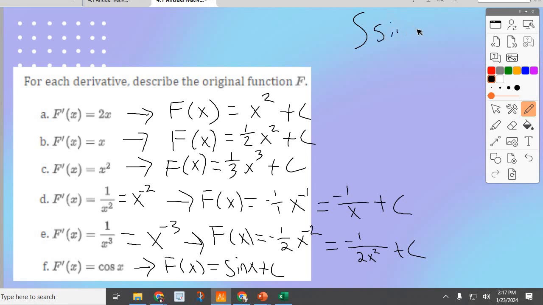If I had the antiderivative or the integral of sine, what would I get there? It's going to be a negative cosine. Because again, the derivative of just cosine is a negative sine. So to negate the negative, I have to put an extra negative there. Yes? Alright, I'm okay with that.